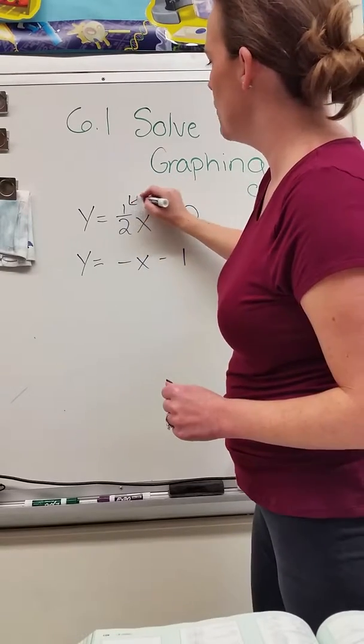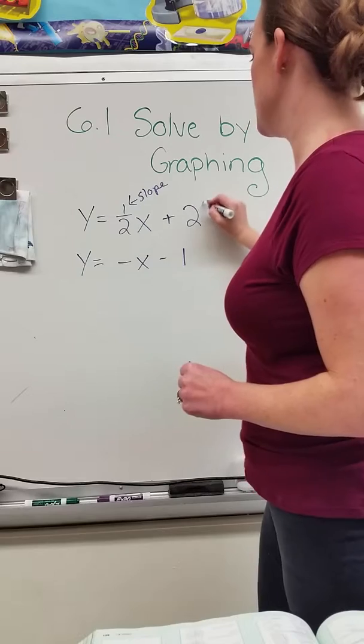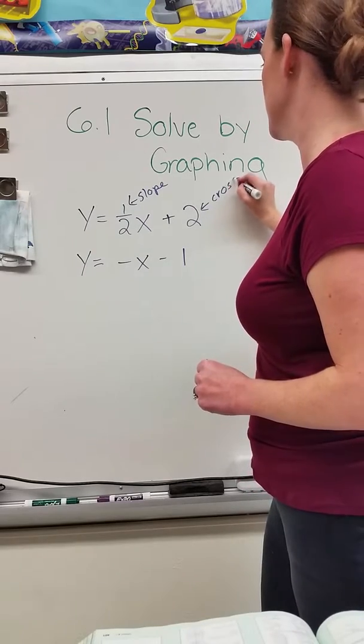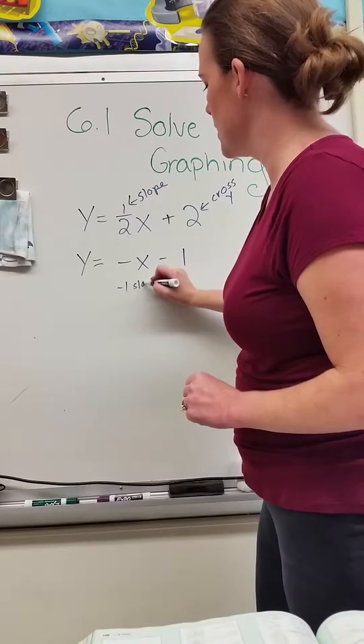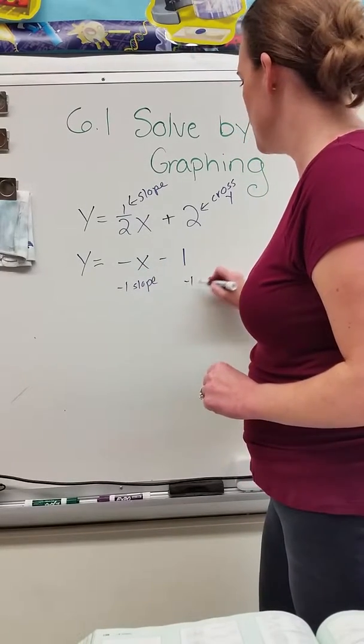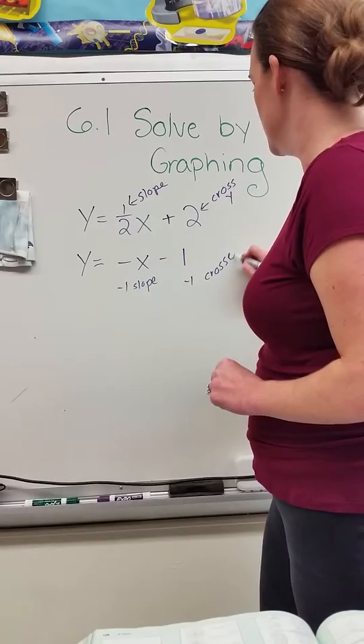So you already know 1/2 is my slope and 2 is where it crosses y. And I already know here negative 1 is my slope and negative 1 is where it crosses y.